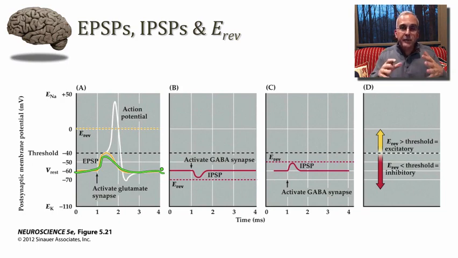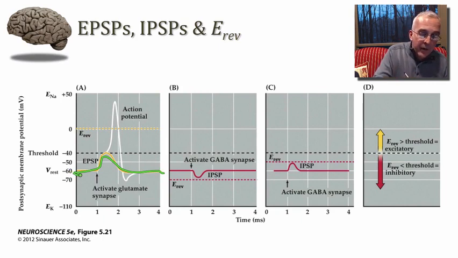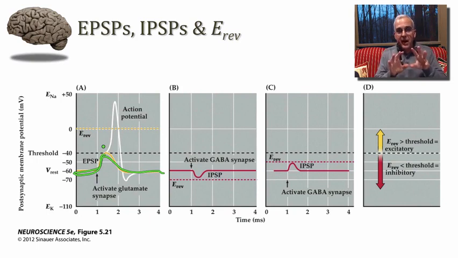But if we imagine the concurrent stimulation of a number of inputs, we might very well have a depolarization that hits that threshold for firing an action potential. So do you remember what threshold is? Threshold is when more sodium ions are rushing into the cell than potassium ions are leaving the cell. When we reach that threshold, then an action potential can fire.